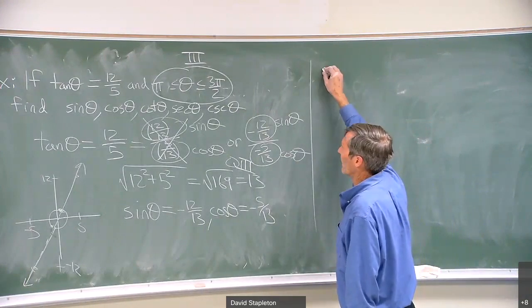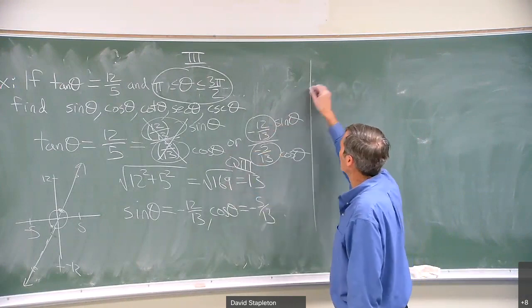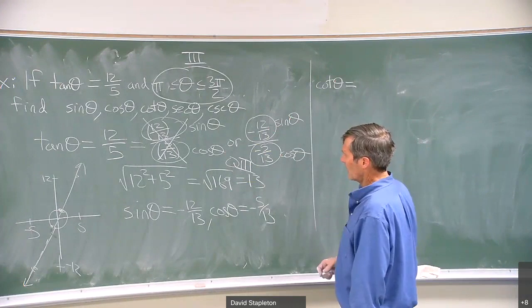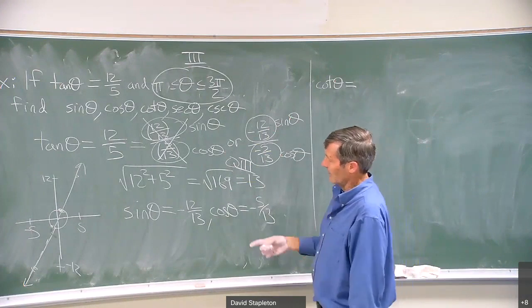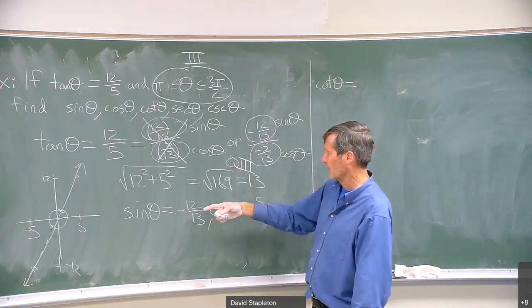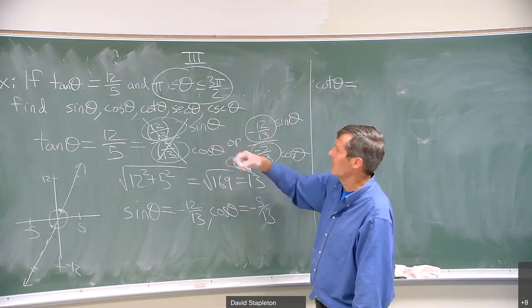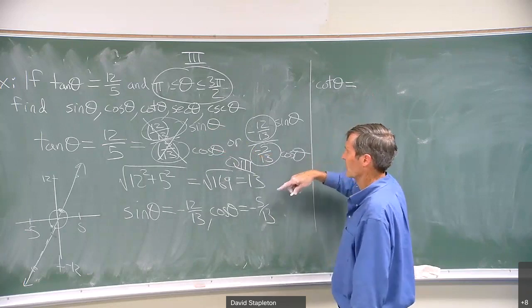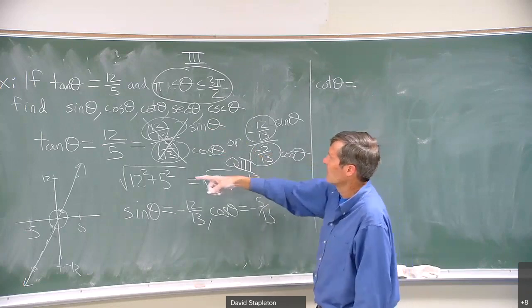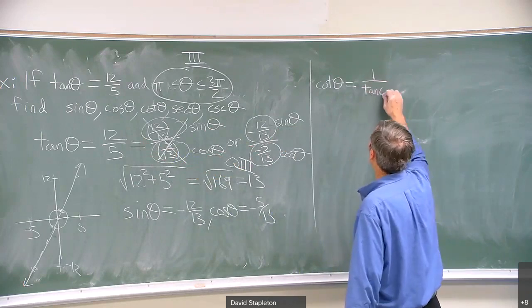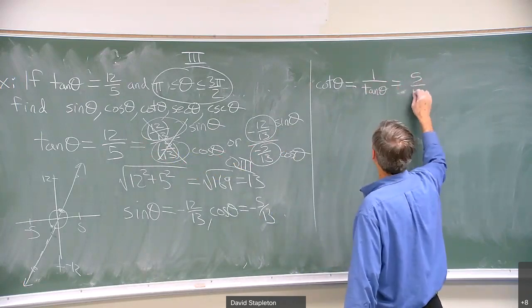We can now find, we have sine, cosine, and tangent. We can find cotangent, and there are at least 2 ways to do it. You can write the quotient identity, just take cosine over sine, but even easier, once you have sine, cosine, and tangent, why not just take all three reciprocals? If tangent was 12/5, cotangent is its reciprocal, 5/12 immediately.